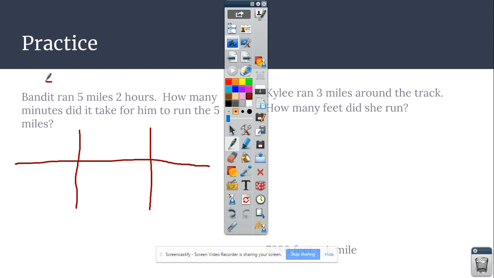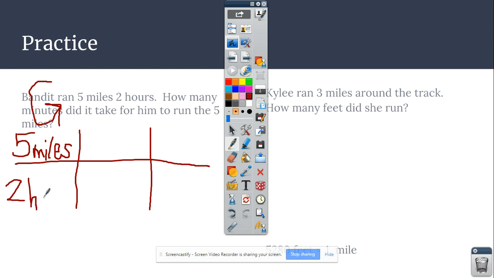What is my given information? It would be the 5 miles in 2 hours. I put the 5 miles up here. Okay. And then I put my 2 hours right below it because it's still the given information.